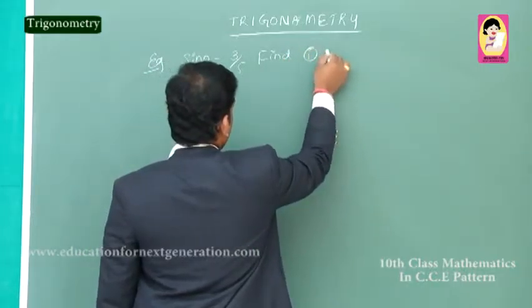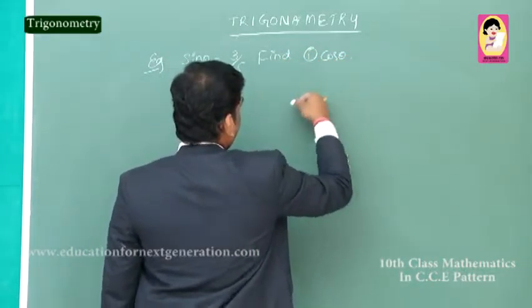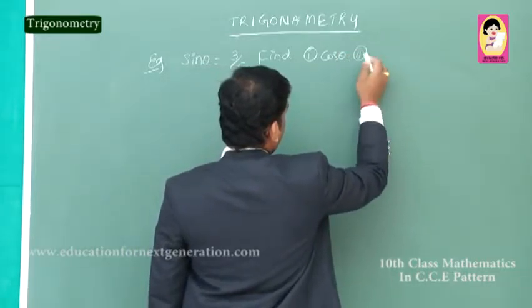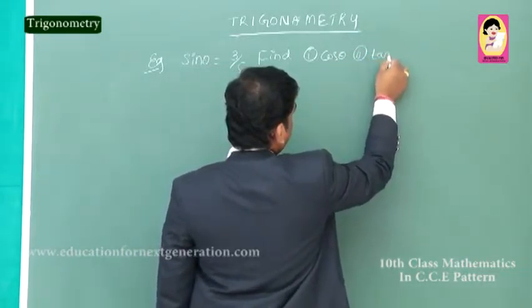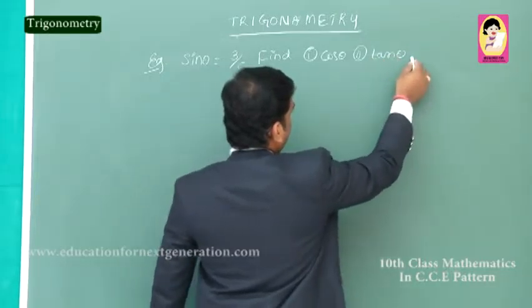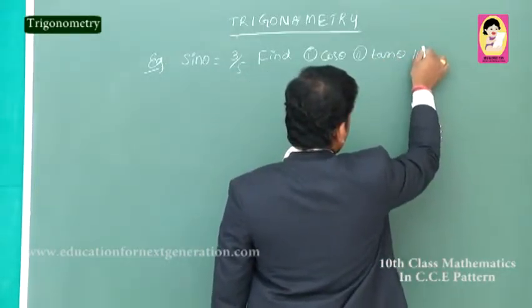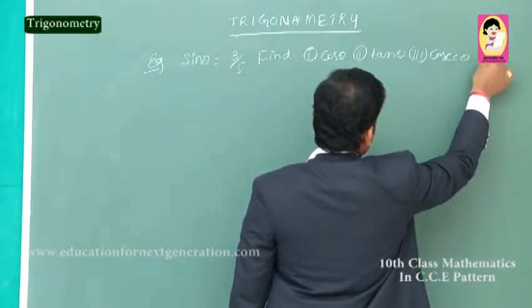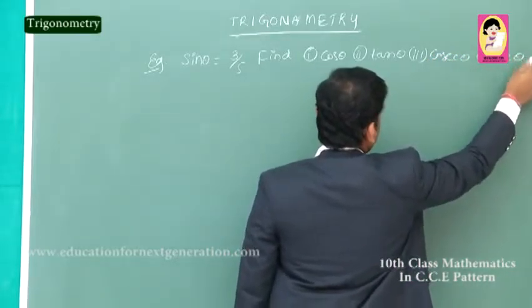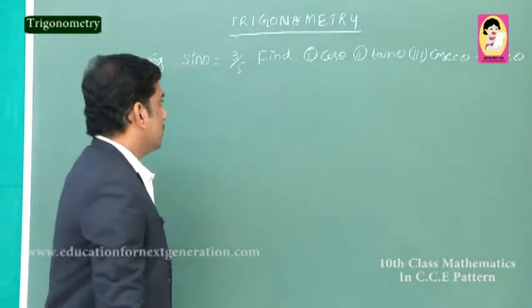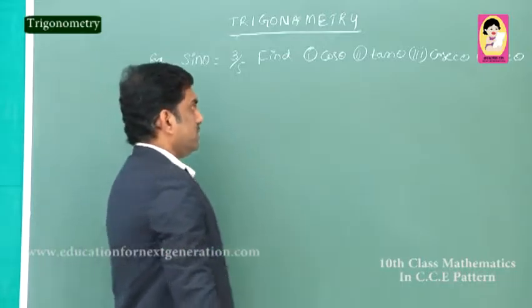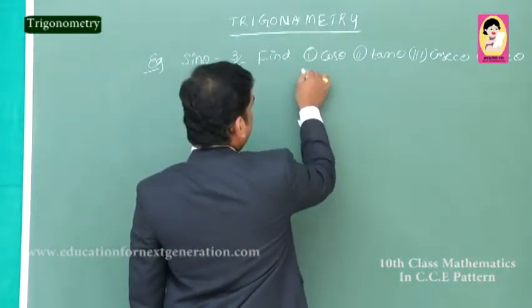First ratio is cos theta, the second one is tan theta, the third one is cosecant theta, and the fourth one is secant theta. Sin theta is given already, so we need to calculate cos theta, tan theta, cosecant theta, secant theta, and one more also, we will calculate cot theta.